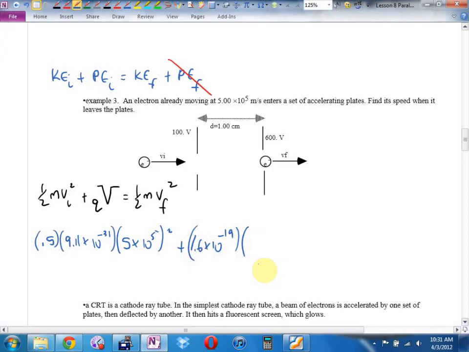Don't say 600 because it's not. Look carefully at the diagram. How many volts are we traveling through? 500. Yes, that's the change in voltage. And that's why, Matt, I said voltage is always a change, but we just stopped writing the delta. Yeah, I want 500 volts. This equals a half mv final squared.